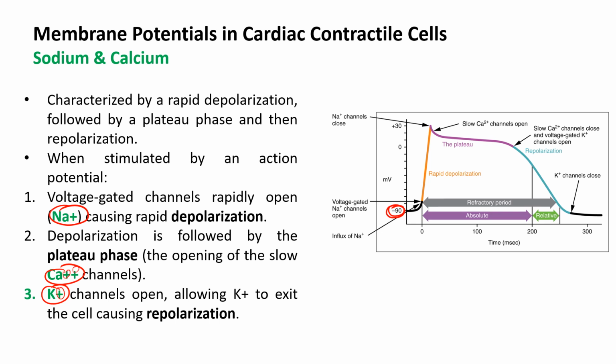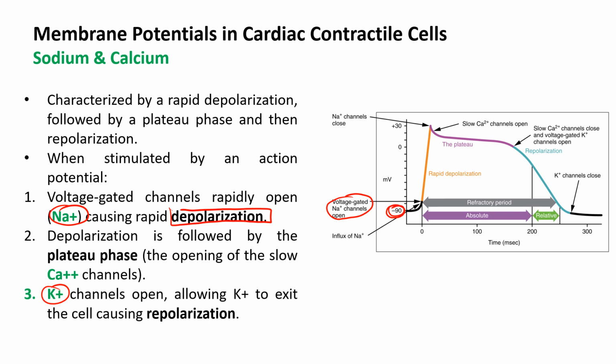So important here is to recognize that depolarization is the influx of sodium. Depolarization means that in the cell, all the voltage channels that are specific for sodium will open, allowing an influx of sodium into the cell.